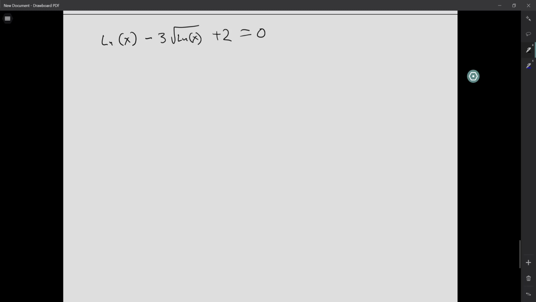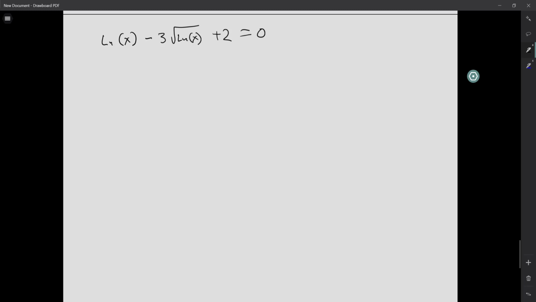So just like with the exponents, we can have situations where we need to identify it more like a polynomial. So I could have natural log of x minus 3 square root of natural log of x plus 2 equals 0. So this one looks particularly nasty, but we've actually had one kind of like this on a worksheet.